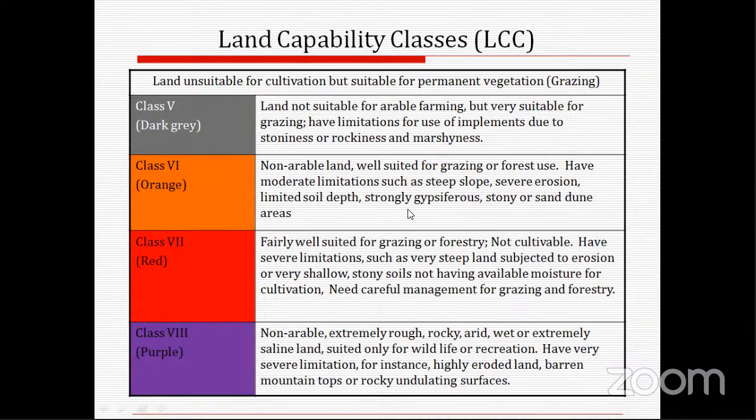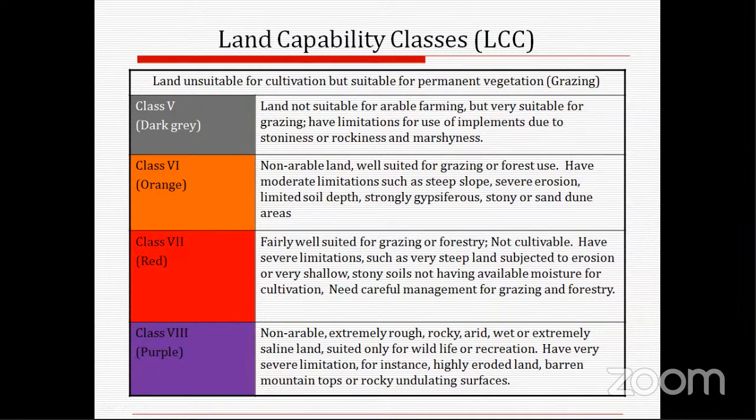So you can see all these problems. This type of land is suitable for grazing and forestry only, with moderate limitations. Coming to class 7, it is fairly suitable.